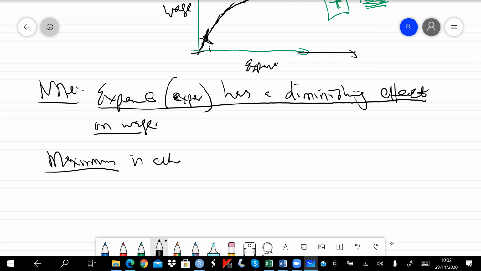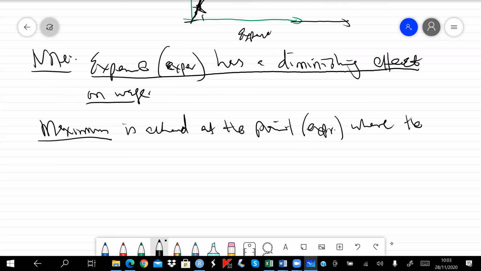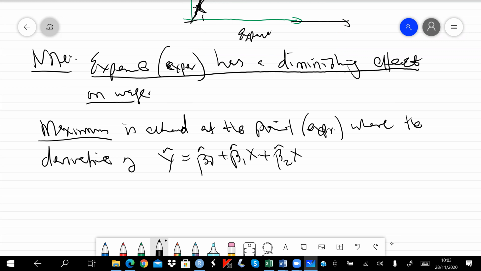It is achieved at the experience where the first derivative of this function, beta naught estimate plus beta 1 estimate of x plus beta 2 estimate of x squared, is 0.